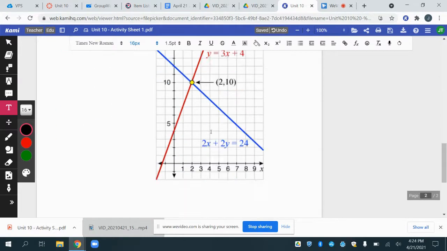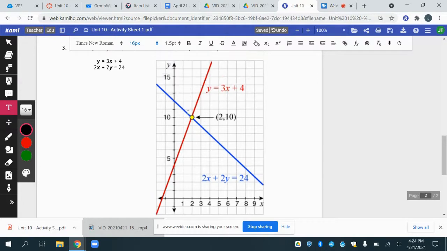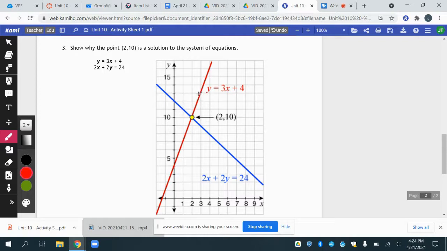So if I go down, we're going to look at it right here. It crosses at 4, has a slope of 3. Let's take a look at this number right here. This right here is the point 3, 13.